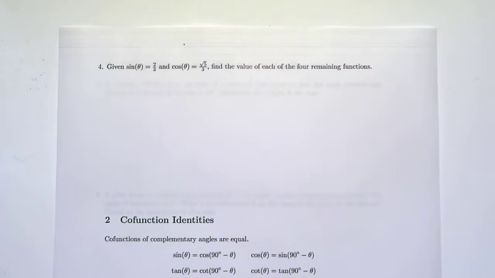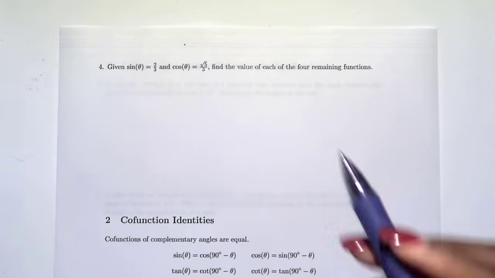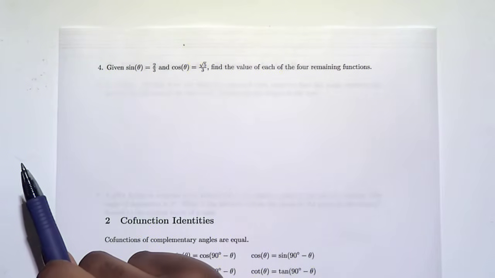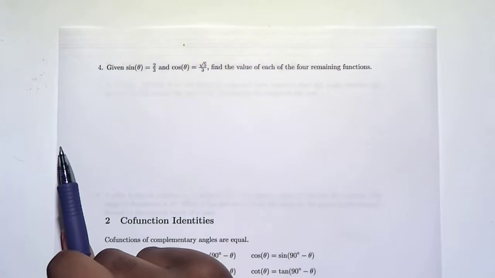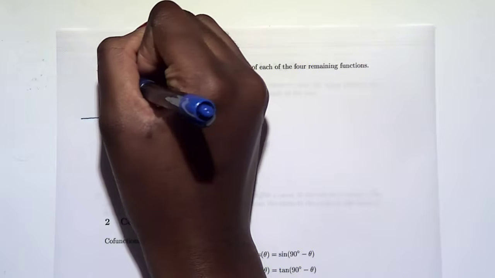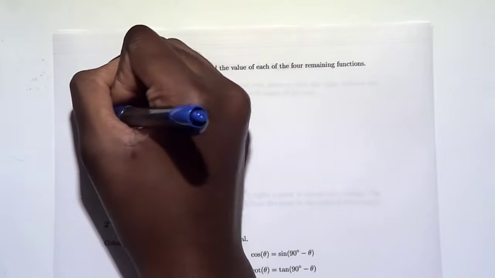The answer should be yes, we can, because this gives us everything we need to know about our triangle, or at least the ratios of our triangle. We know that sine is opposite over hypotenuse and cosine is adjacent over hypotenuse. We have all the sides, so we could draw a triangle if you wanted. You also could do this without a triangle. I'll tell you how.